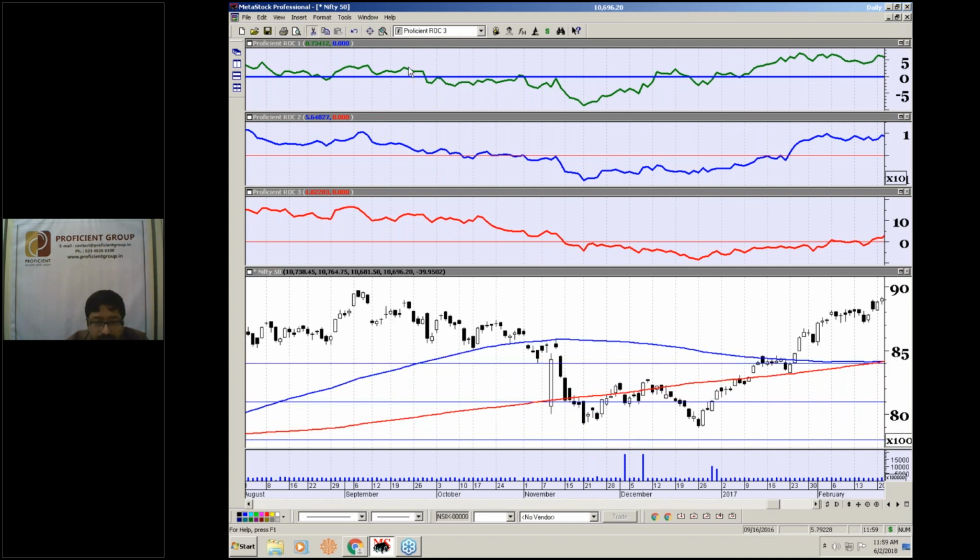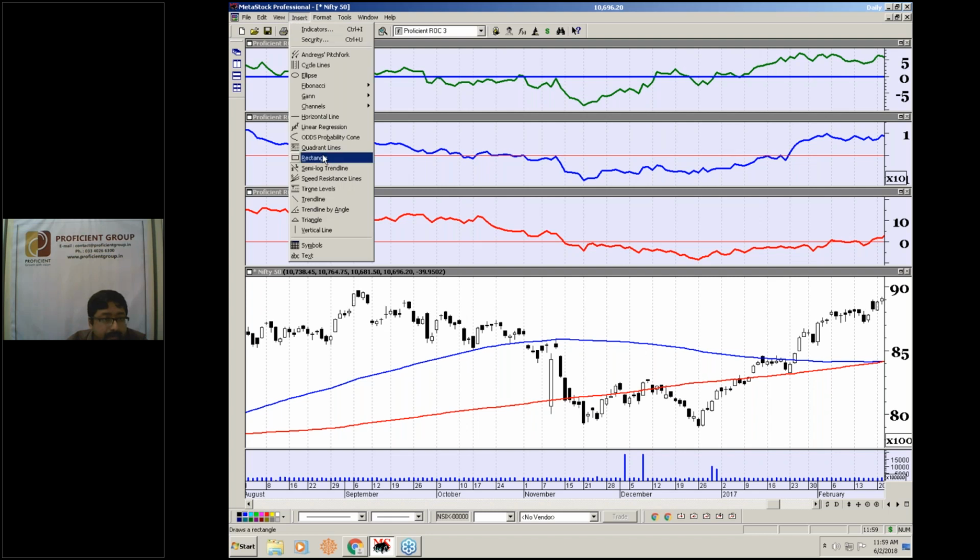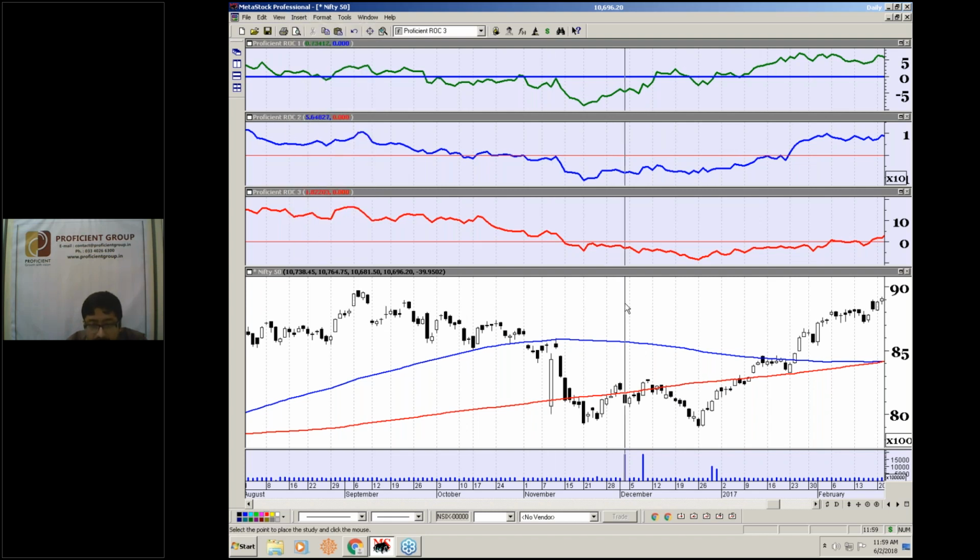and opposite things are also true. Suppose look at this particular period, December or the end of 2016, when you can see the longer term ROC come below the zero line here, right? That is what I'm talking about.